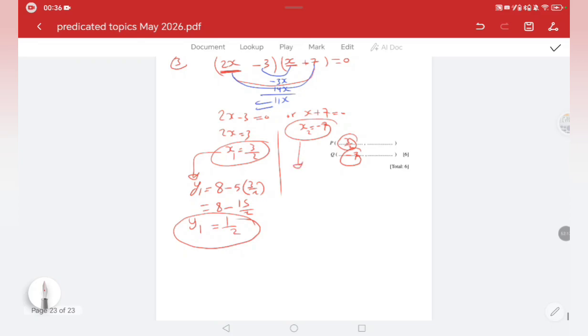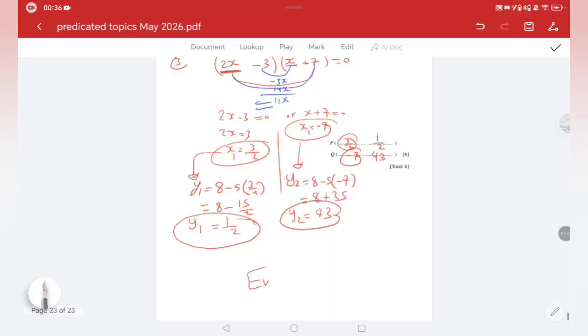And for x2, y2: 8 minus 5 times negative 7. So this is 8 plus 35, so this one will be 43. So this is y2. So now this one was 1/2 and this one is 43.